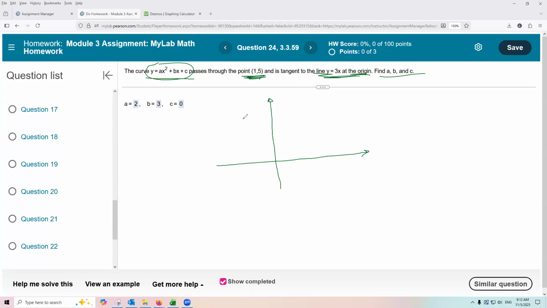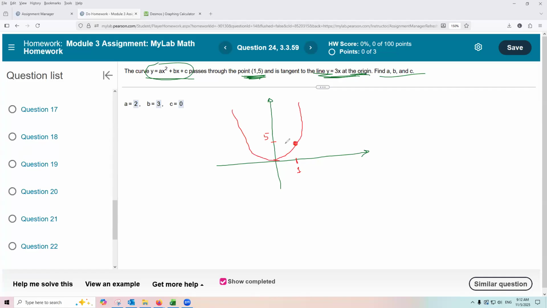So it goes through the origin, and it also goes through the point 1, 5. So here's 1 and here's 5. Let me draw a better parabola. Okay, that's good enough.